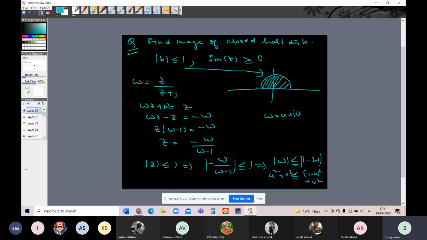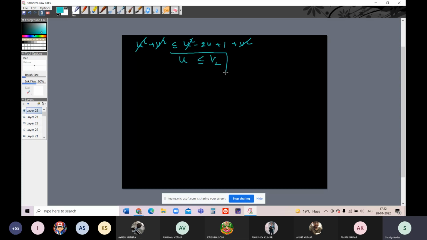Solving it, u² + v² less than or equal to u² − 2u + 1 + v². So we will get u is less than or equal to 1 by 2.